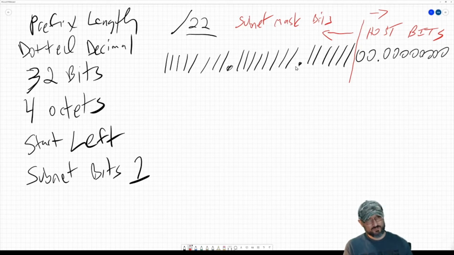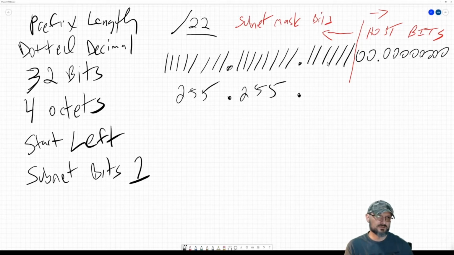So we can actually write this in dotted decimal notation. We can convert this really easily just doing the binary math. We know that 8 ones is actually 255.255. And now we've got dot. Okay, so now how do we do this one? Standard binary to decimal conversion.